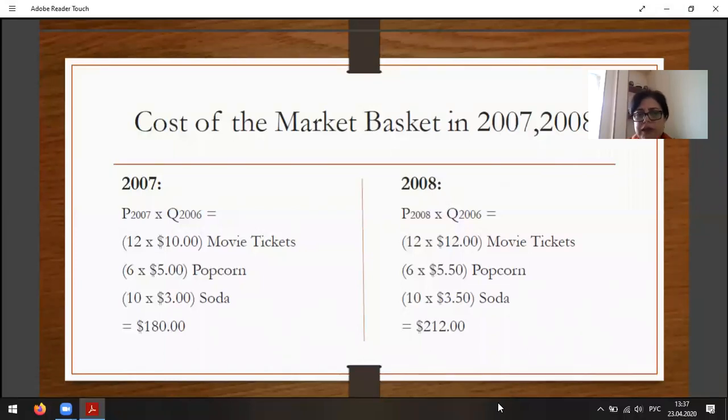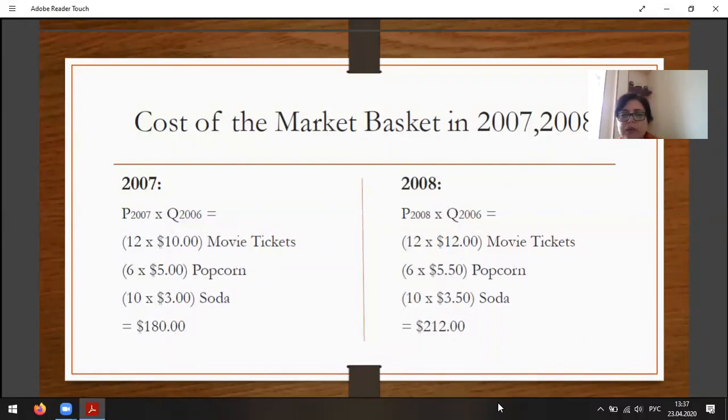Look, you see the formula, hypothetical formula. The price of every respective year, you have to multiply by quantities. But instead of current quantities, you have to use the quantities for the base year. It means 2006.